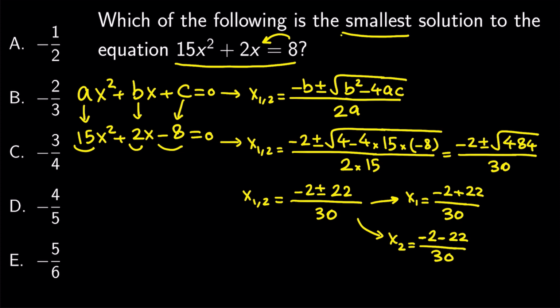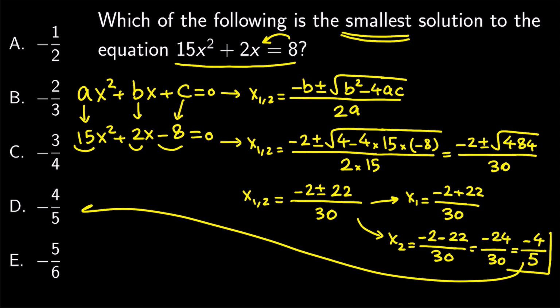Remember, we are looking for the smallest solution, therefore we continue here to get minus 24 divided by 30, which gives us minus 4 divided by 5, and that's it. The answer is D. Great.